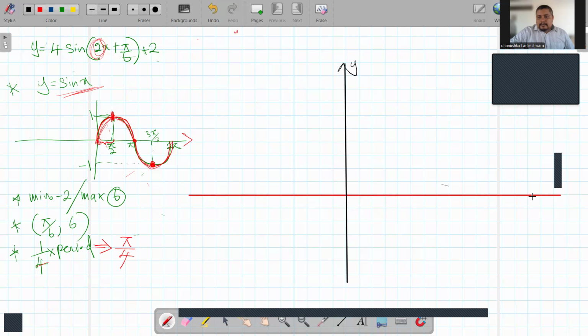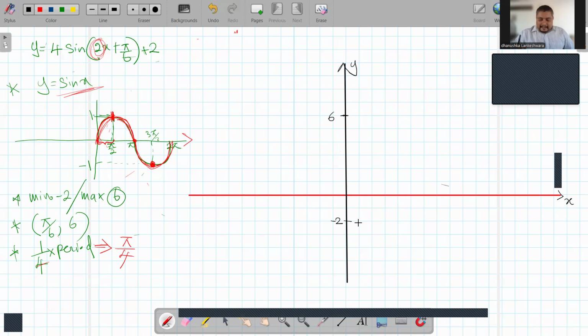The x-axis. Maximum value 6: 1, 2, 3, 4, 5, 6. Minimum value minus 2.